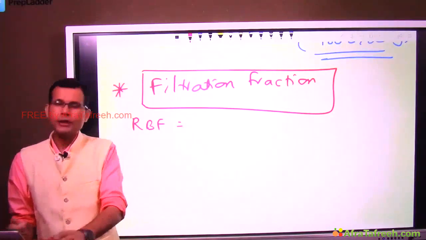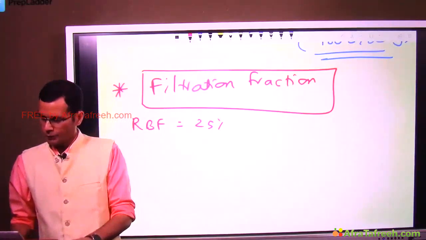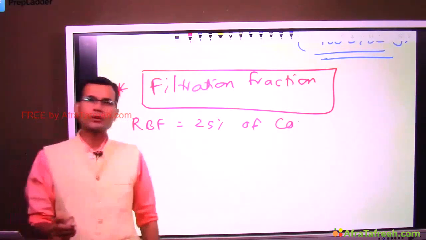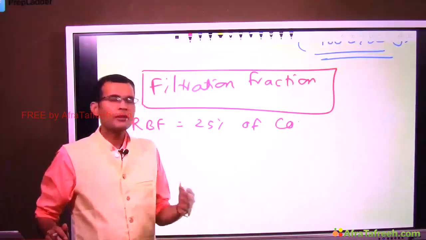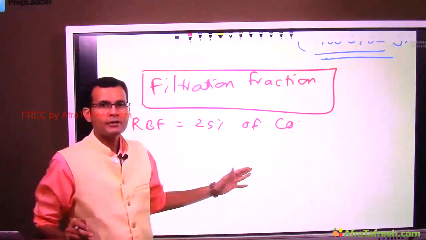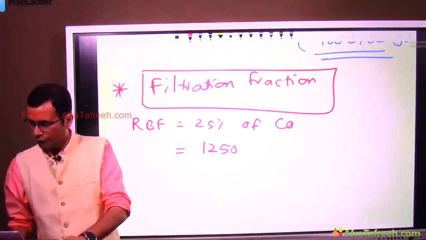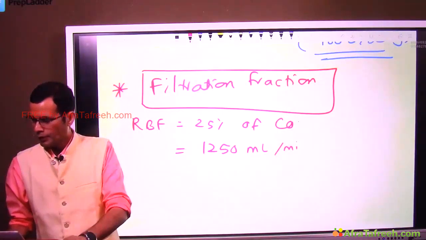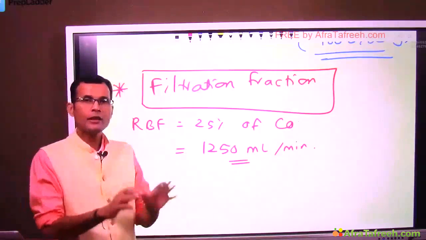The normal renal blood flow is about 25% of the cardiac output. So if we take cardiac output to be 5 liters per minute, 25% of 5 liters would be about 1250 ml per minute. That's the normal renal blood flow.